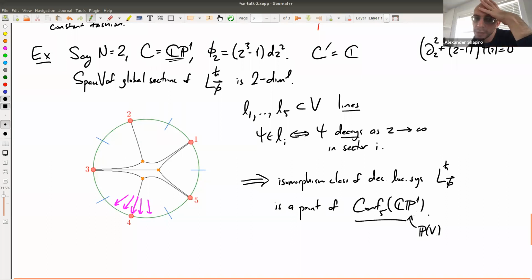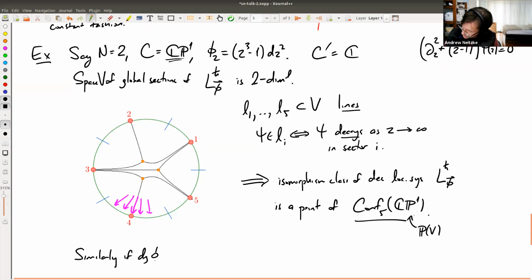I'm sorry, can you explain once again where we got 5 lines from? Why 5 exactly? The numerology of it is that if the degree of phi 2 was d, we'd have d plus 2 asymptotic directions.